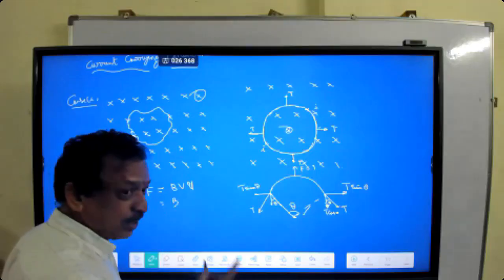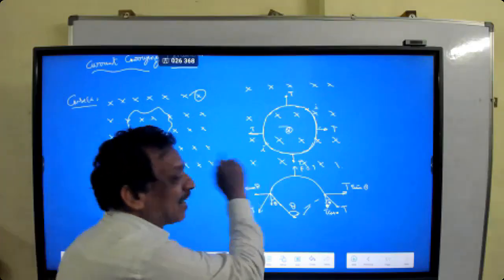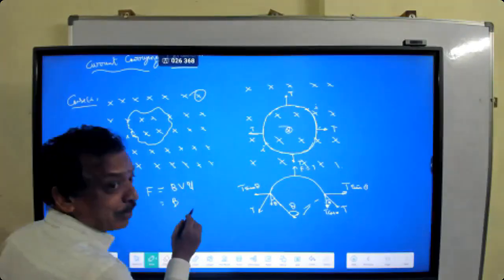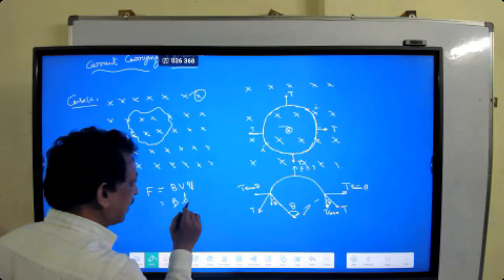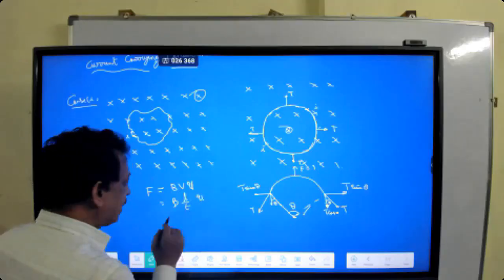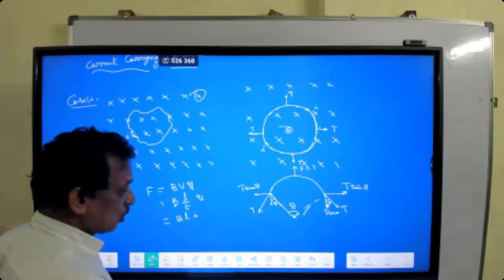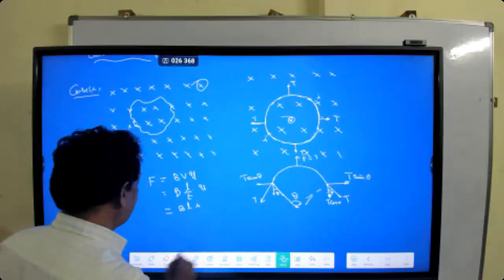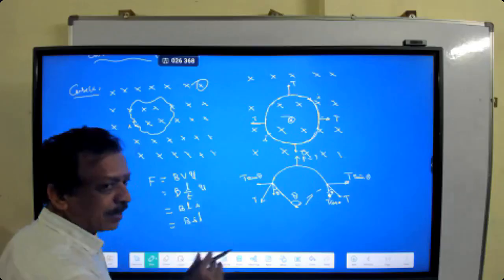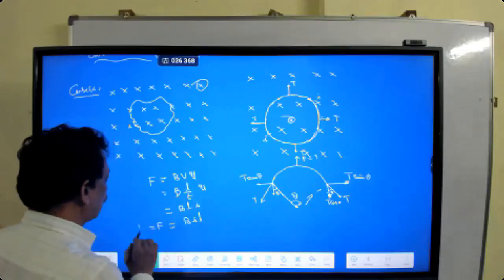Force is equal to BqV. What is the velocity? Displacement by time, so I take length by time into charge. Charge by time is the current, so that gives BLI. That is nothing but BIL, current times length. So the tension or force T is equal to this.